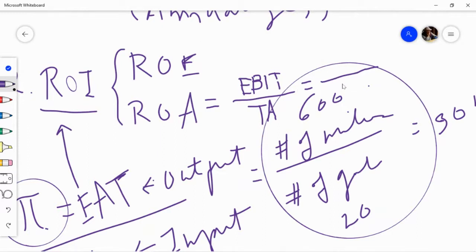To be more specific, the output is EBIT at time 1, and the input is total assets at time 0. Why?